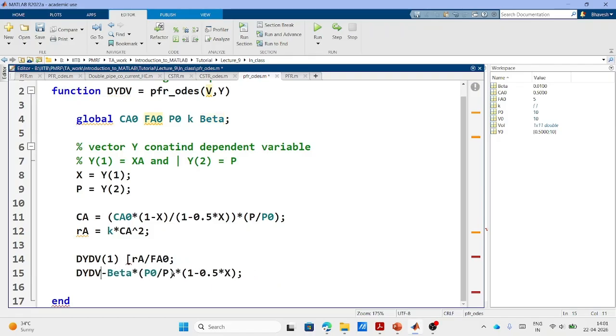Okay. So this becomes, so this is your dy by dv. It's given as this part. Okay, so your output will be this way.